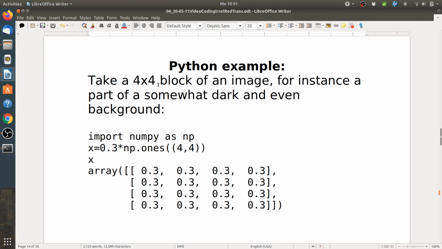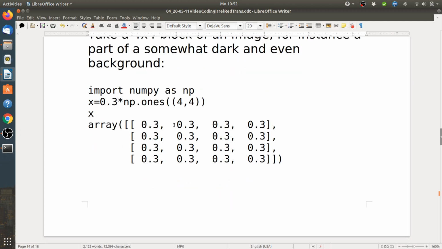So take a 4x4 block of an image. I made it 4x4 just for the sake of this example to make it easier visible. For instance, we have a part of a somewhat dark and even background, and then we have the same values everywhere, here 0.3.